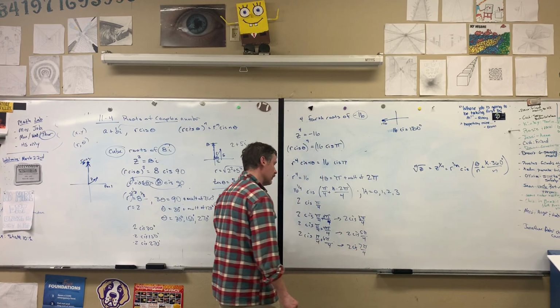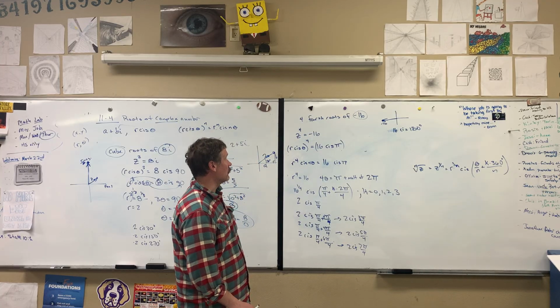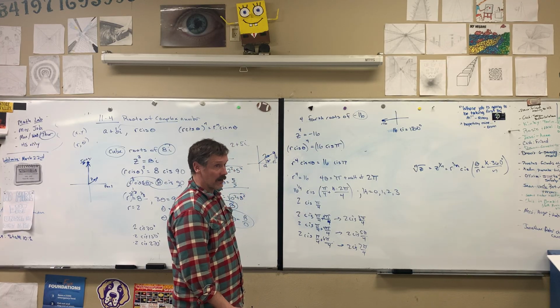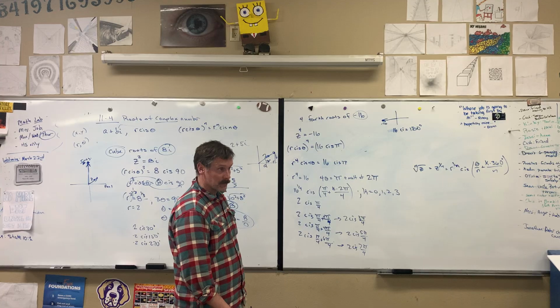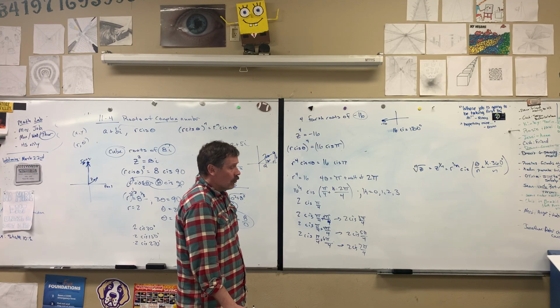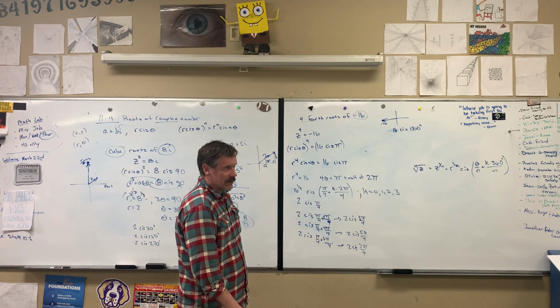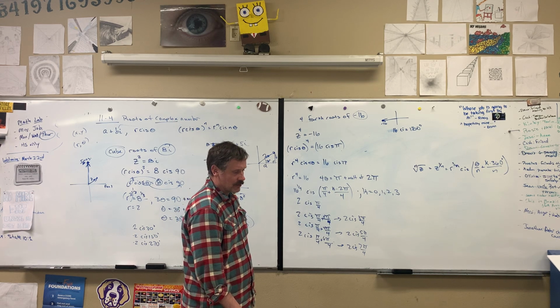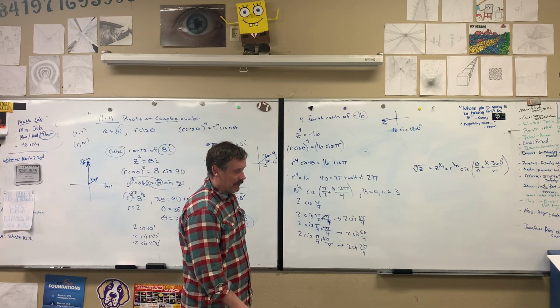Okay? And then you could convert that ultimately back to rectangular form, which we know how. And if it's helpful, you could go 3 pi over 4 and turn that into degrees, because radians can be a little bit of a challenge. You could do degrees and get it into rectangular form.